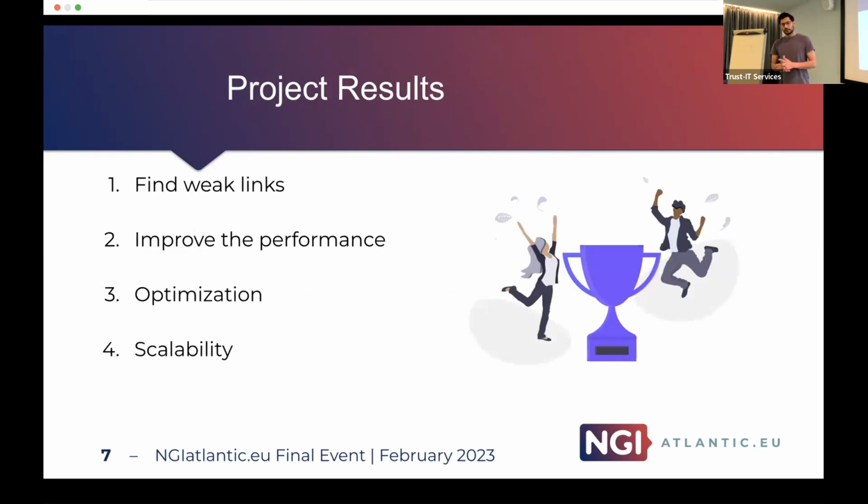In terms of project results, the metrics that we were focusing on: first was to find the weak links in the PUF process, and weak links in the bootstrapping process that was happening on the cloud side. Second was to improve this whole process, to improve the performance. And the third part was optimization.